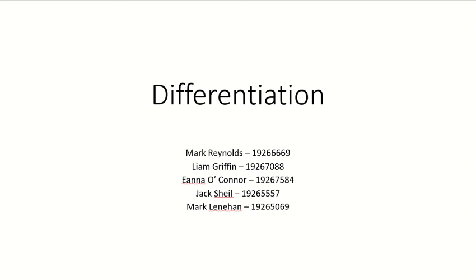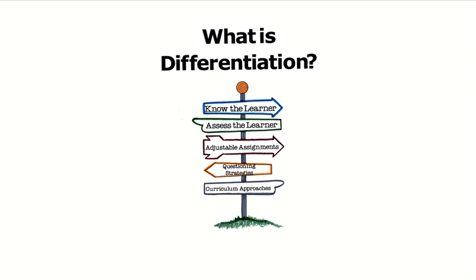So, to get started on the topic of differentiation, the first question is obviously, what is differentiation? This image gives us a few clues before we get to the proper definitions. It states to know and assess the learner, to have adjustable assessments, to use questioning strategies, and to use different curriculum approaches.